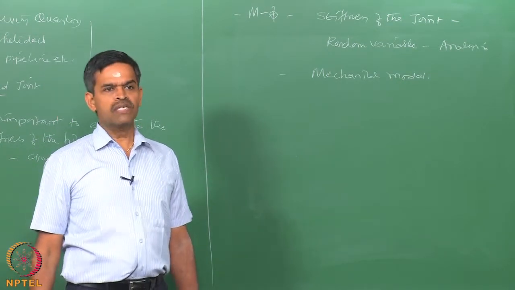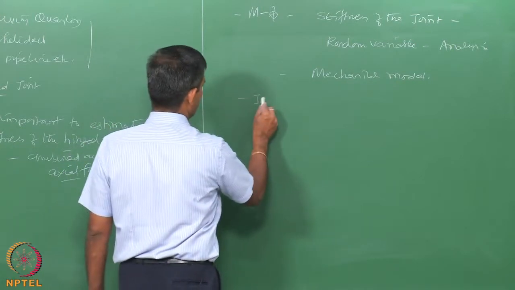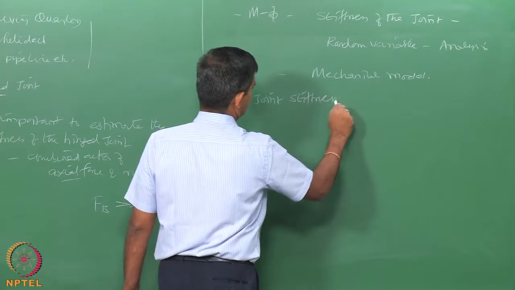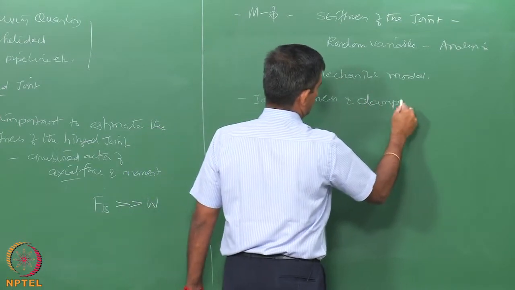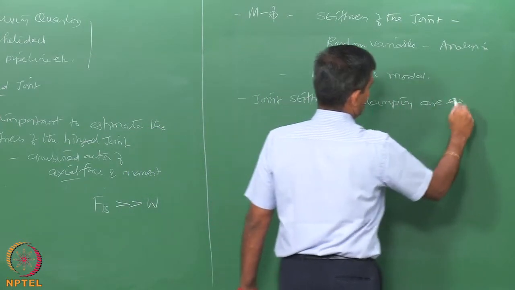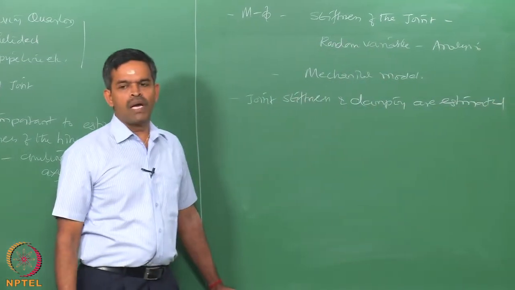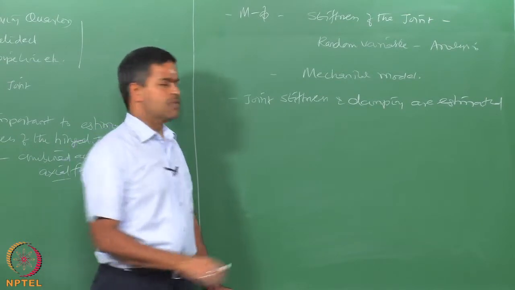So, joint stiffness and damping are estimated by applying a known force near the joint.